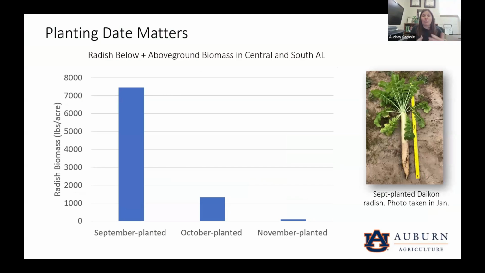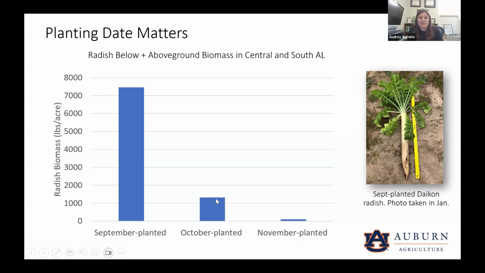So this is just one example of what can happen when we plant outside of those ideal windows. We had research in Central and South Alabama to look at cover crop planting dates for daikon radishes, and we had several different varieties of radishes that we grew. You'll see that when we planted in September, we were getting 7,000 pounds of dry weight above ground biomass per acre.